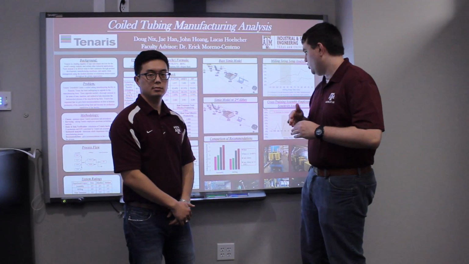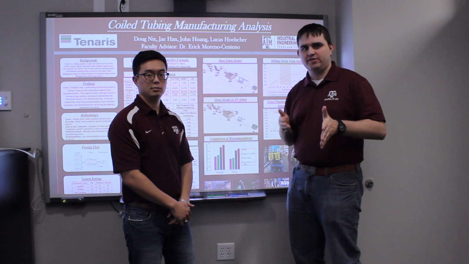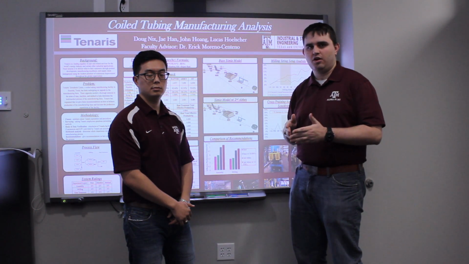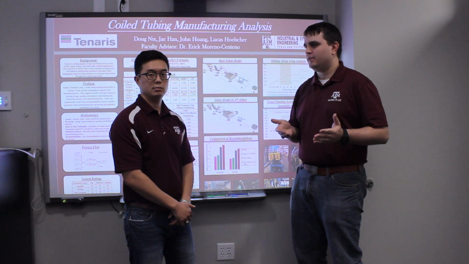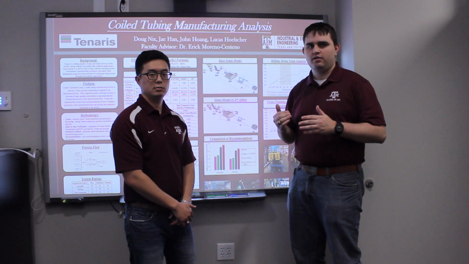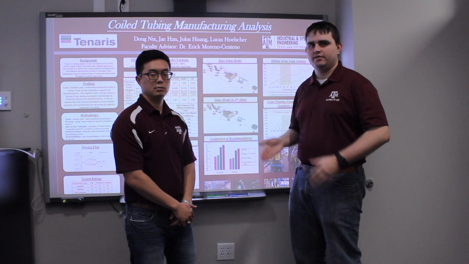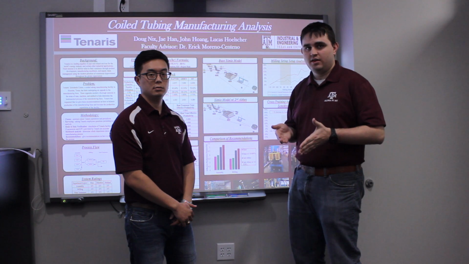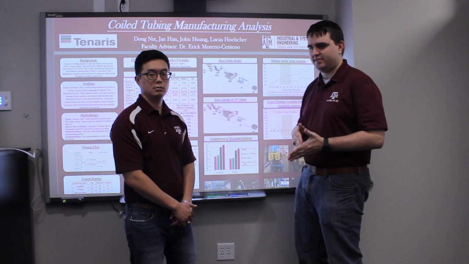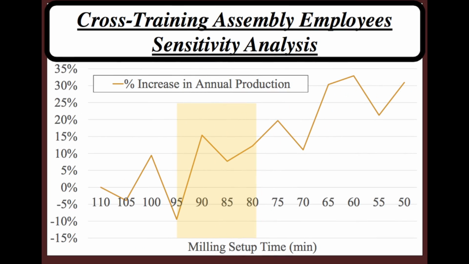What we did was, whenever an entity went into string setup for milling, we shut down one of the assembly servers, simulating those workers moving over to the milling to assist in the string setup in that department. We did a similar sensitivity analysis and reduced setup time as we did with the previous recommendations.